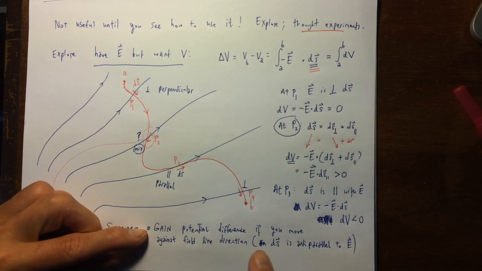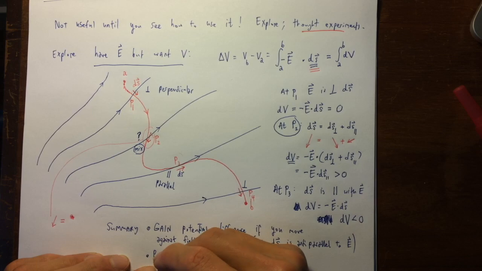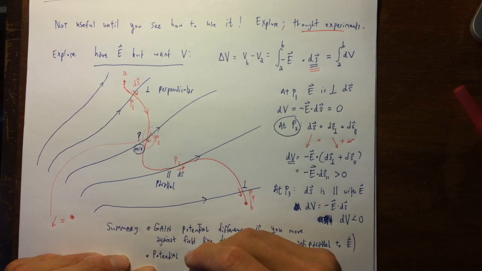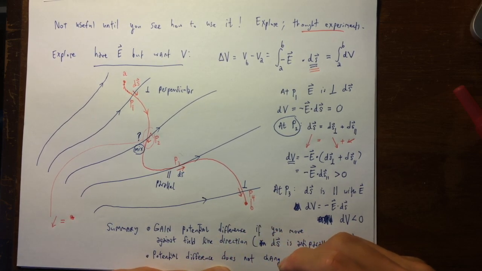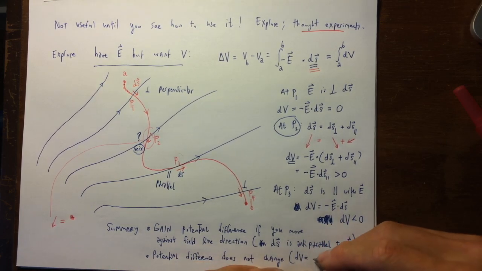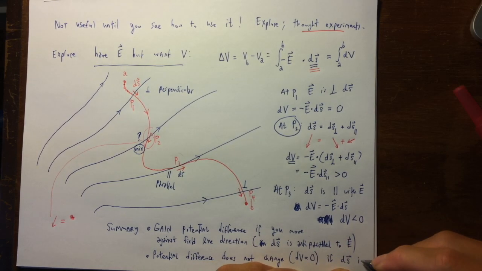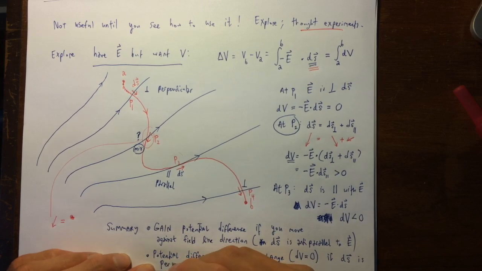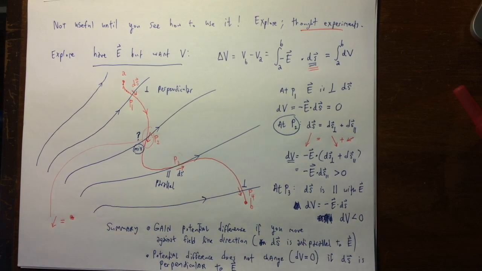So you gain potential difference if you move against a field line direction. Potential difference does not change. That is, the contribution to the potential difference is equal to 0 if ds is perpendicular to the electric field, right?